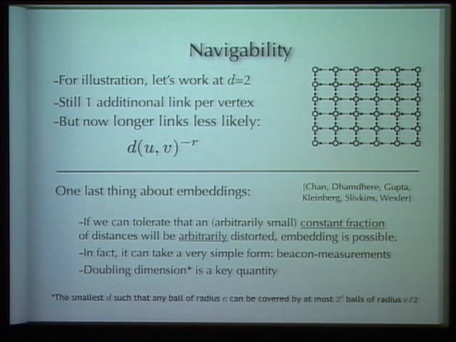You pick a constant number of beacon vertices, and for each vertex, you just measure its distance to these beacons. And it turns out the doubling dimension of the underlying metric is what is really key. Doubling dimension is relatively low for most networks of interest.